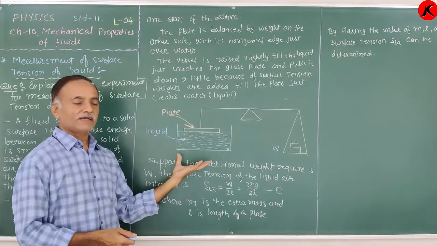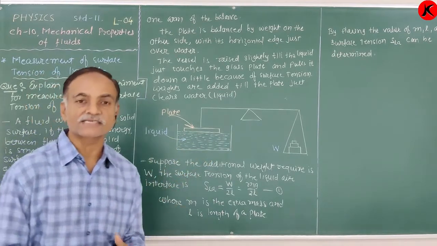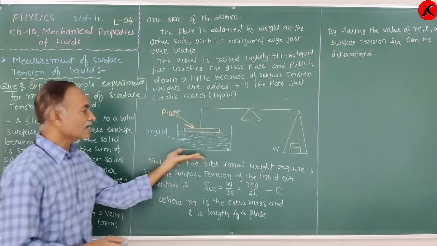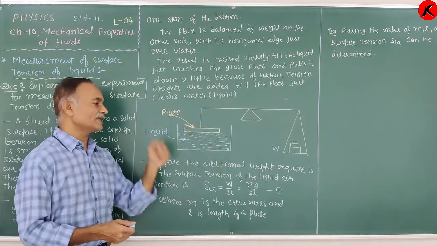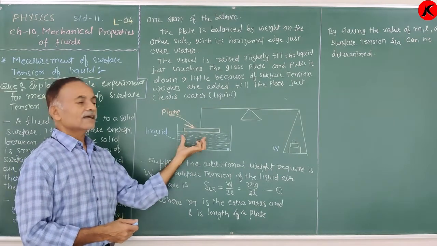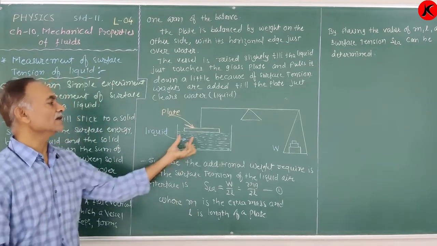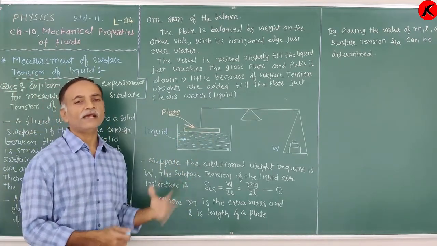We consider a vessel filled with the liquid whose surface tension is to be measured, in such a way that the surface of the glass plate just touches the liquid in the vessel.